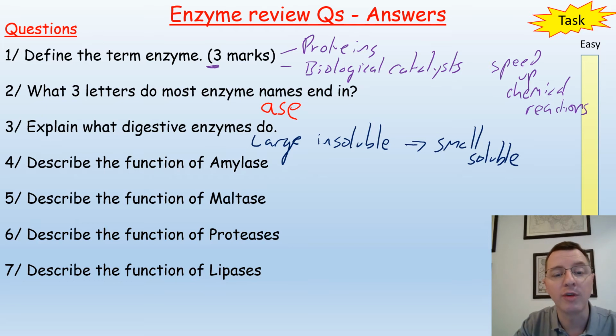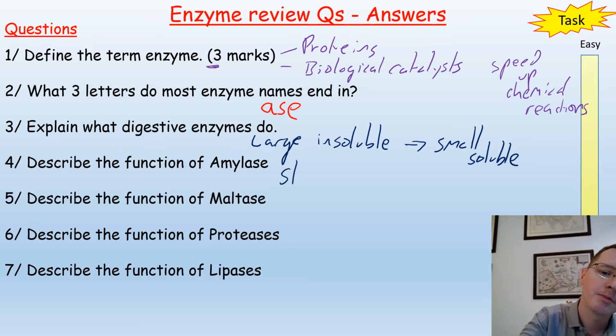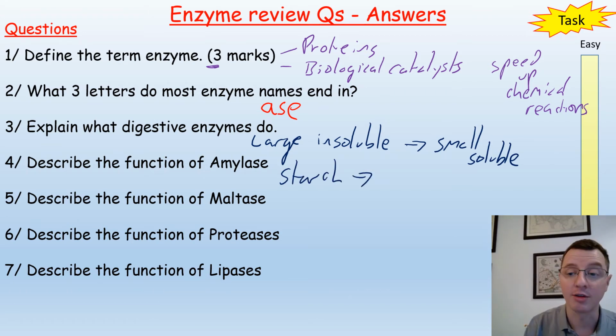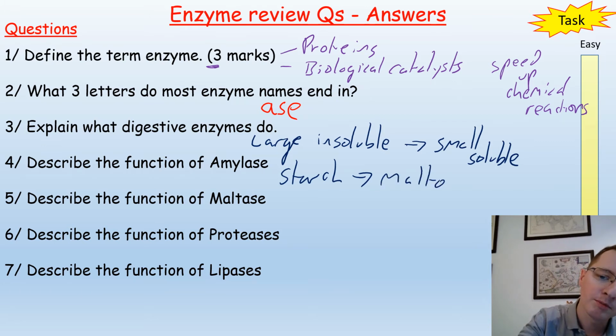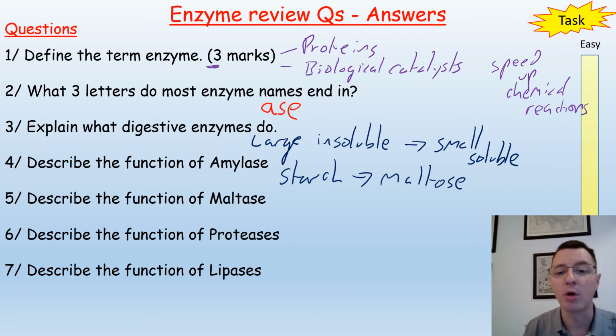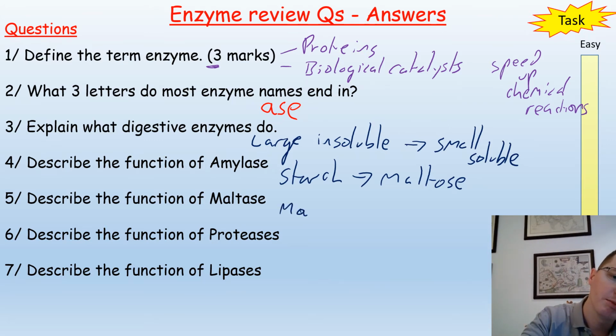So describe a function of amylase. Amylase breaks down starch into small sugars, which often gets you a mark, or more specifically, maltose. The function of maltase is to break down maltose into glucose.